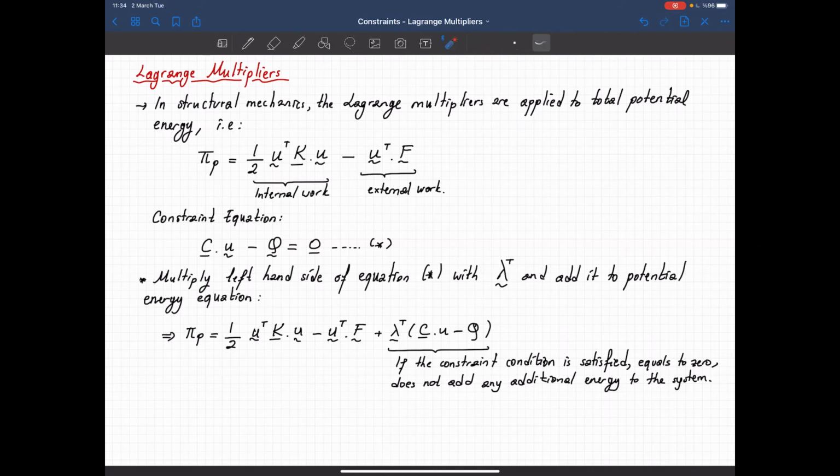Okay, now when we look at this equation, we have two parameters now. One of them is the displacements, and the other one is the Lagrange multipliers. So let's add the stationary condition. In other words, we are minimizing the total potential energy. So energy must be minimum when the system is in equilibrium.